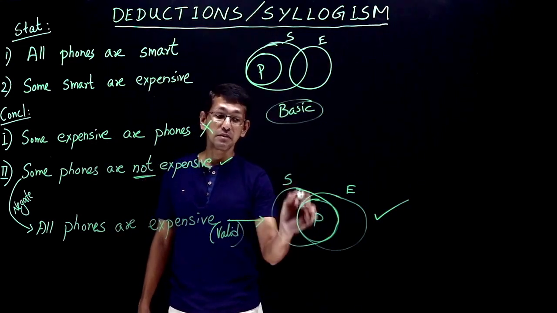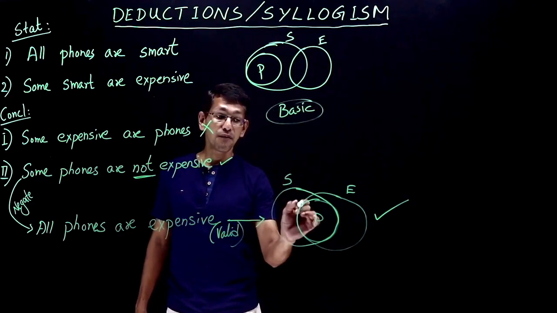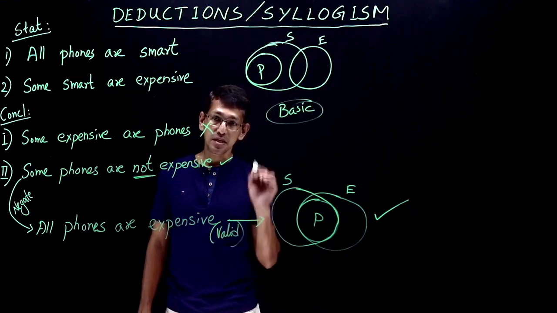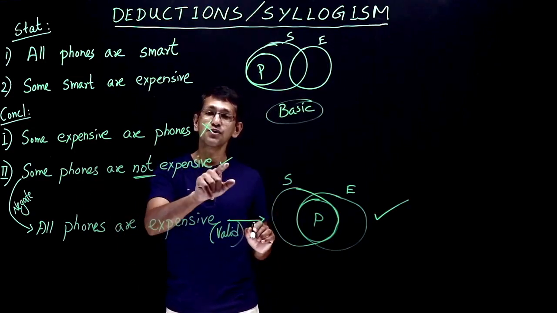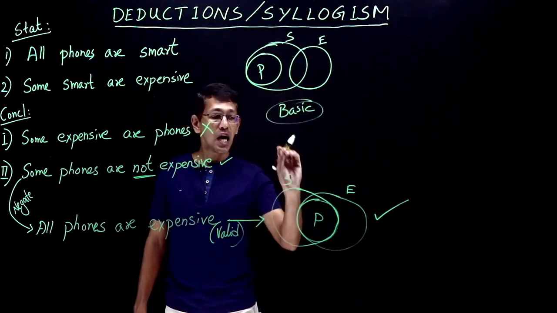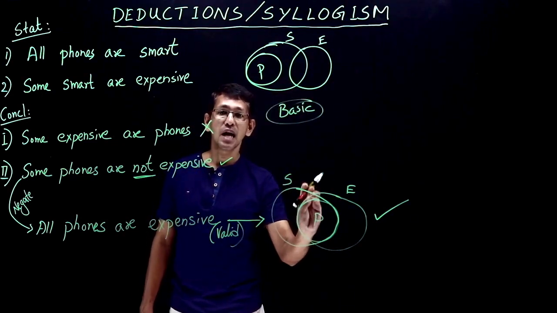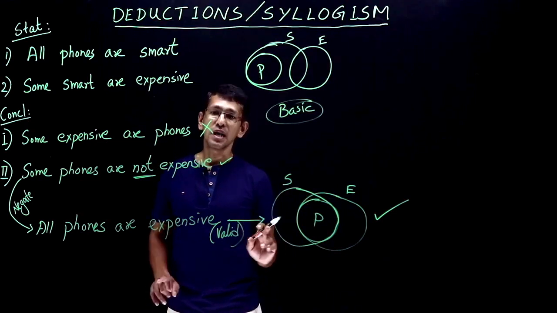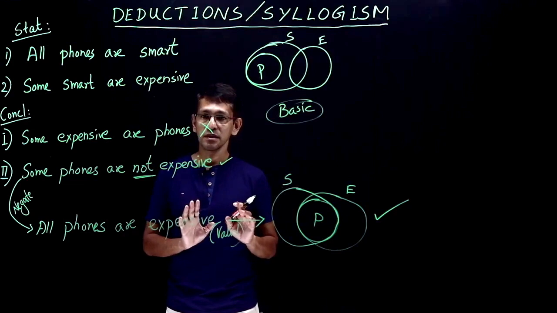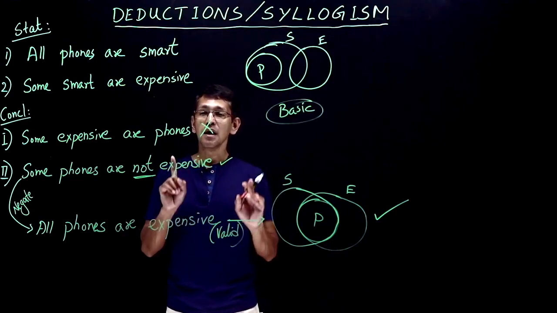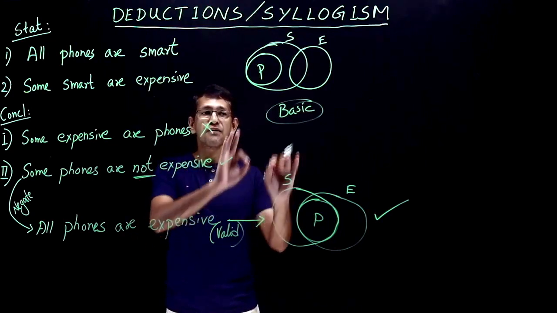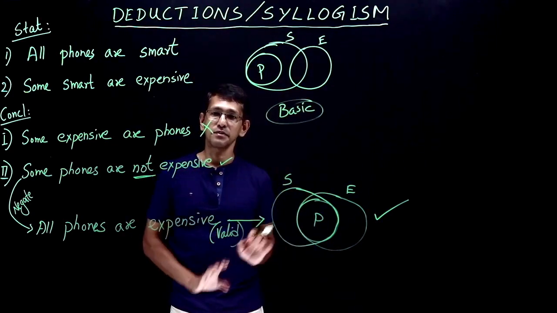For the basic diagram, we got it valid, but for this diagram, it is invalid. That means if a conclusion is valid in the basic diagram and not valid in another diagram, then it cannot really follow the statements. If the conclusion follows the statements, it must be valid for all possible diagrams.